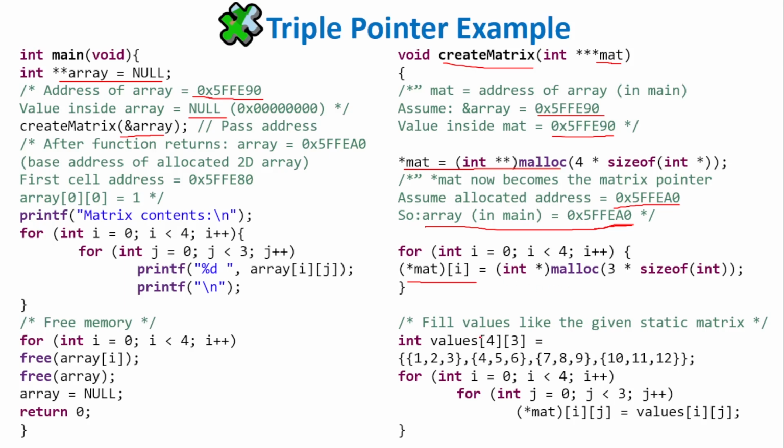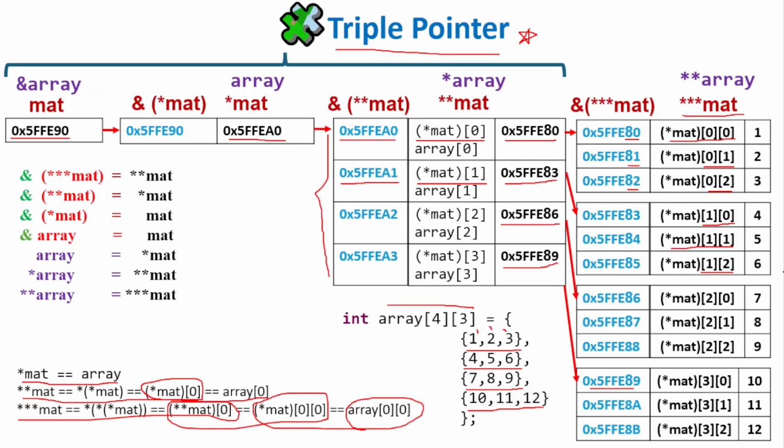The matrix is then filled with the values 1, 2, 3 for the first row, 4, 5, 6 for the second, 7, 8, 9, and 10, 11, 12. So, for instance, *mate[0][0] equals 1, *mate[0][1] equals 2, *mate[0][2] equals 3, and the pattern continues similarly across all rows.